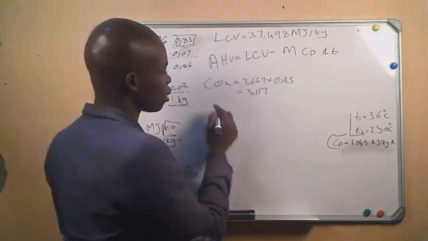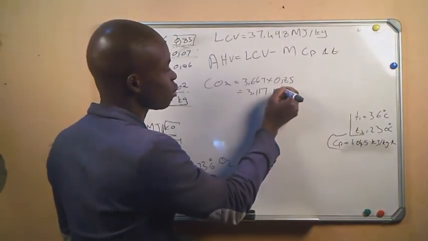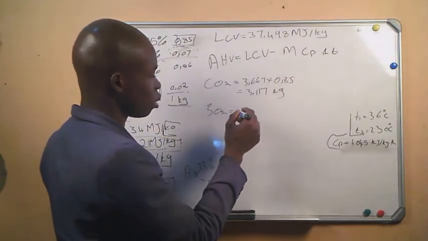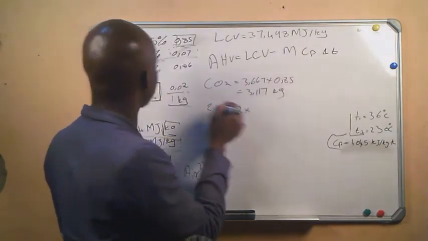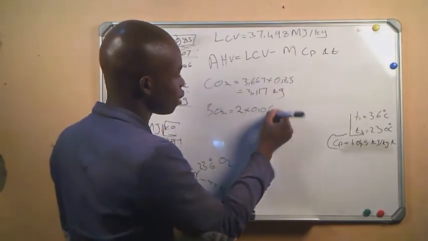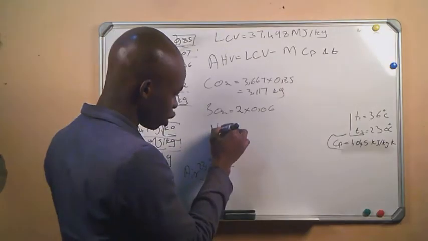The sulfur dioxide is going to be 2 times 0.06.